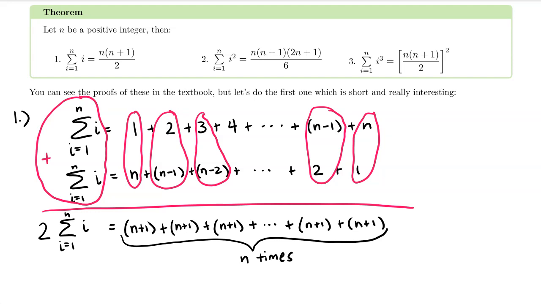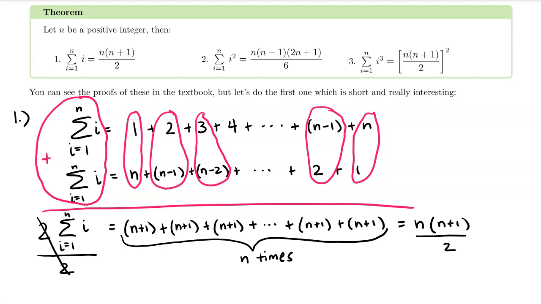And so that is the same thing as n times n plus 1. And if I wanted to solve for just the summation, what I could do is take this and divide it by 2, and then take this side and also divide that by 2. So those are going to divide out.